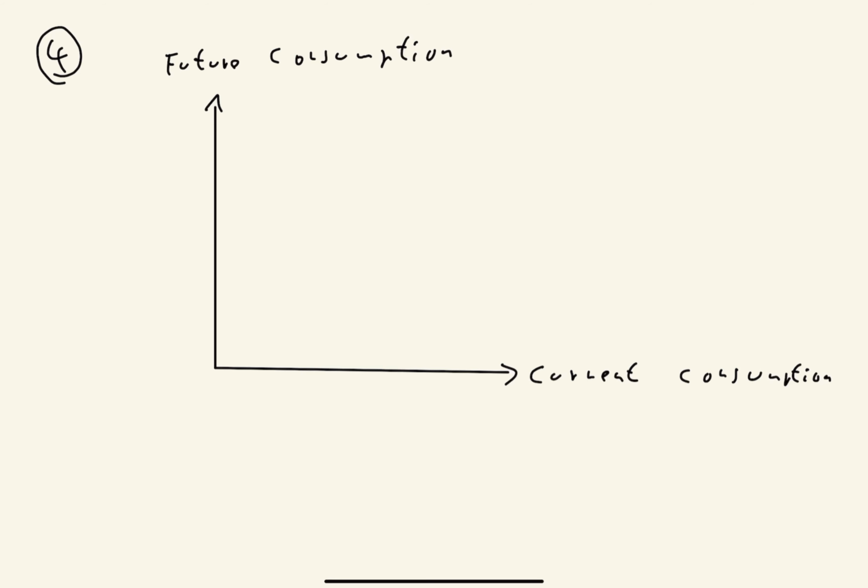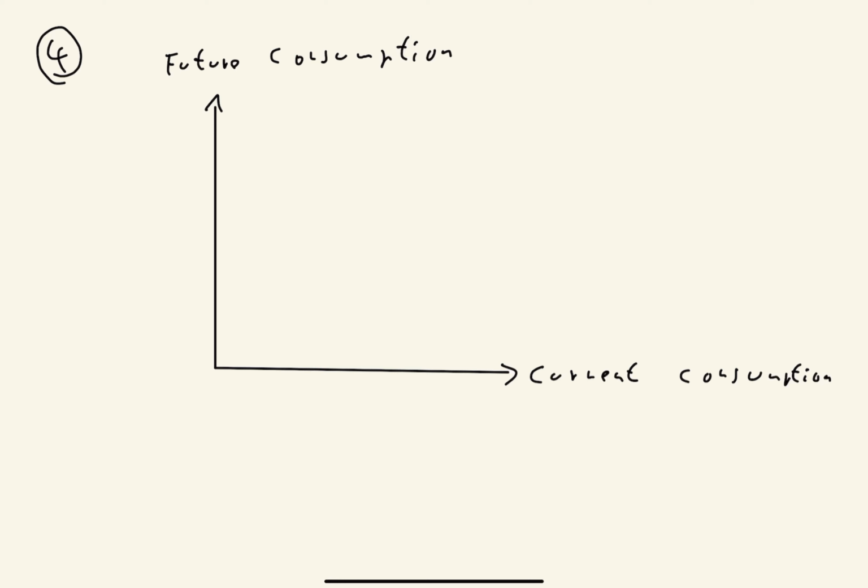As it is always the case with budget constraints, we first need to find out what the intercepts are. If we fully consume our income in the first period, we do not have to pay any taxes at all, and we can simply consume everything in the current period.